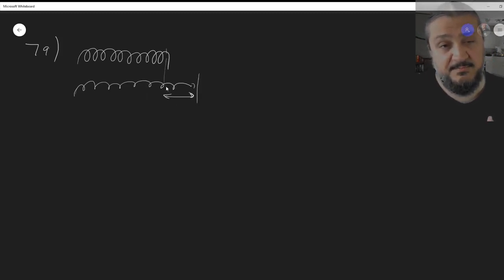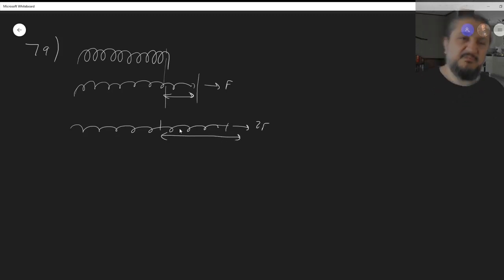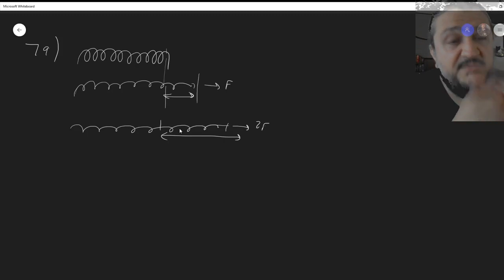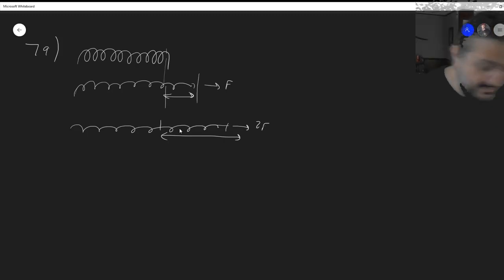You exert a force F. If you double the force, what happens? This distance also doubles. That's an ideal spring. Within a certain range, if you stretch it too much, it deforms and then it doesn't work anymore. But you can use this to make a scale. That's what they're talking about, a spring scale.